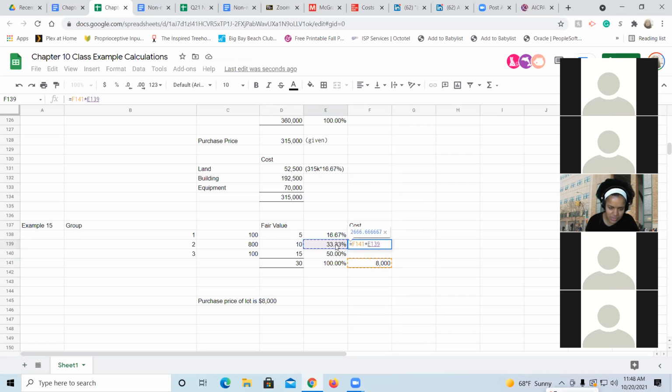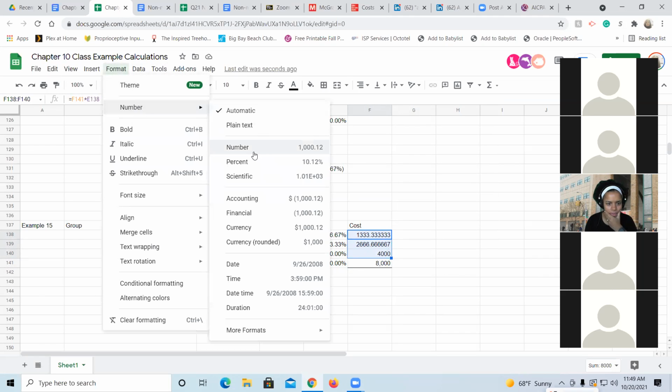There are other ways to set this up. Your page doesn't have to look like mine, but we do have to come to the same answer. I can't get to the 8,000. We do have to come to the same answer. So if you guys got to the same answer without this sheet set up this way, not a problem.